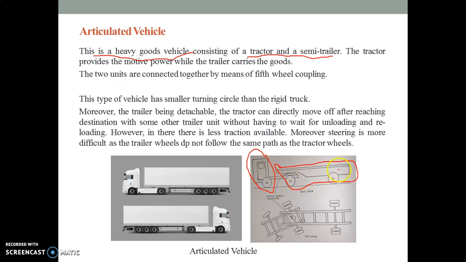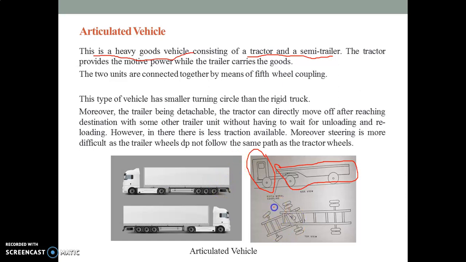The cart is also partially superimposed on the horseback like the trailer on the tractor and carries an appreciable part of the cart load. The tractor takes the place of the horse and the horse-drawn carriage takes the shape of the horseless self-propelled carriage known as the articulated vehicle.